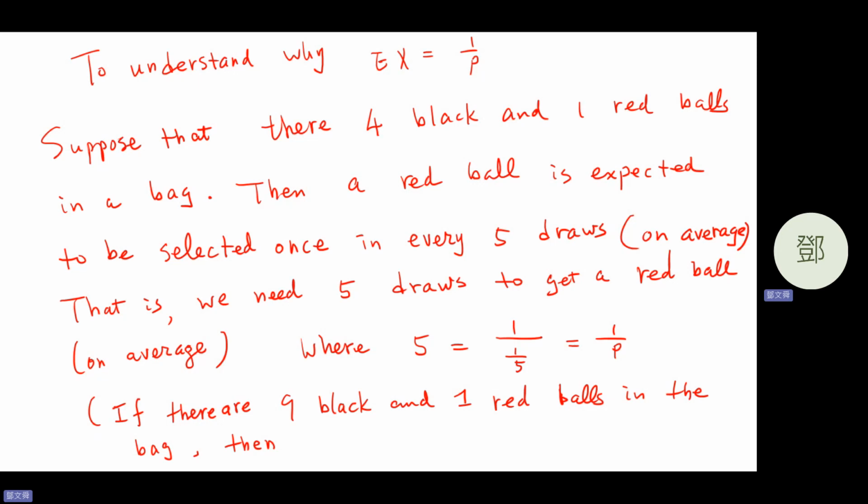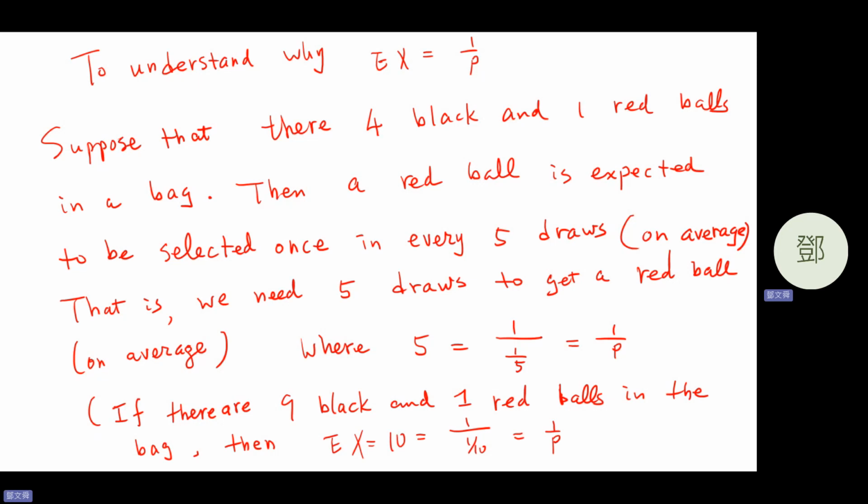So we need more draws to get one. On average, the expectation of x is 10, and 10 is 1 over 1/10, which is also 1 over p.